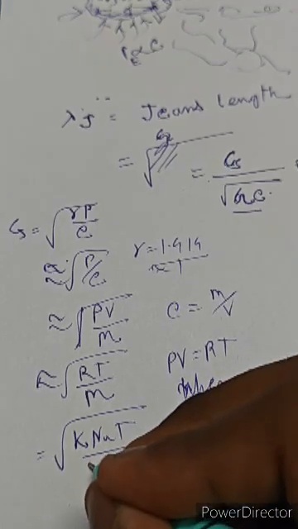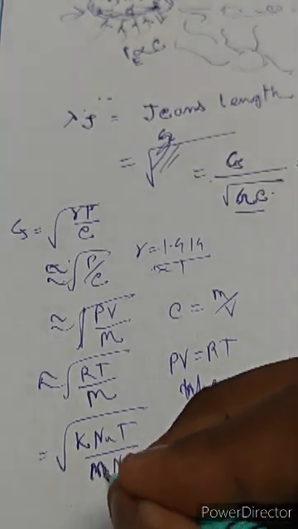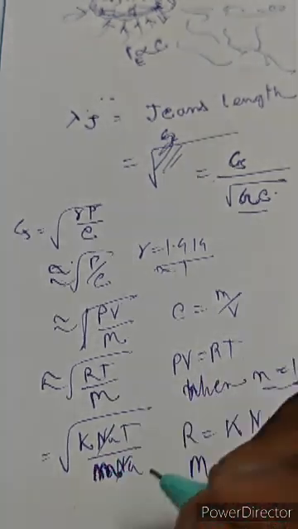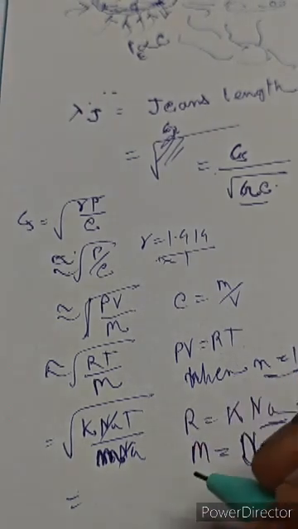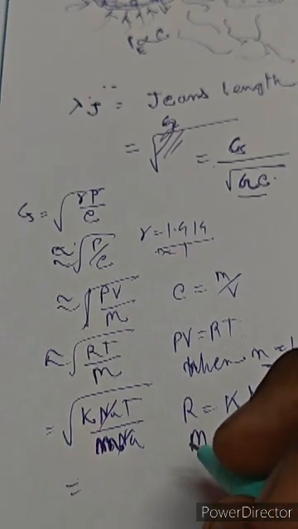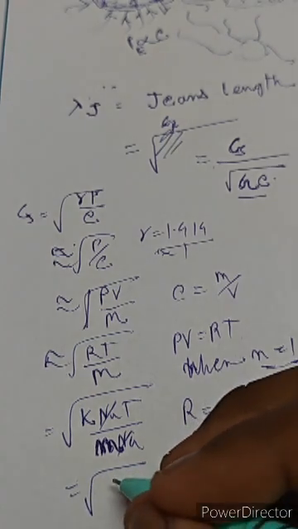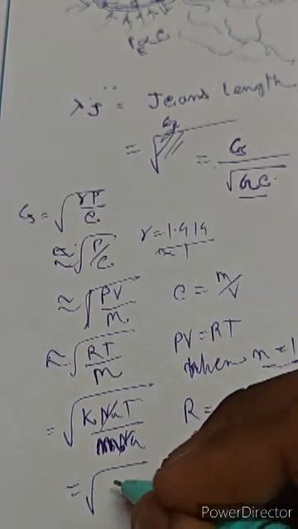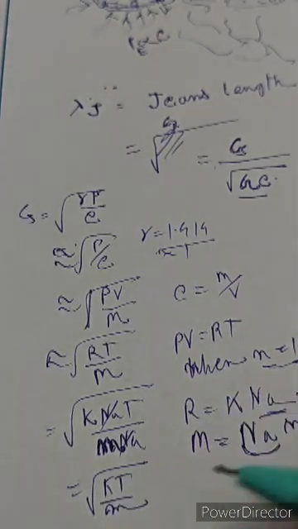And M, N, small m, and Na, we'll see kT by small m.